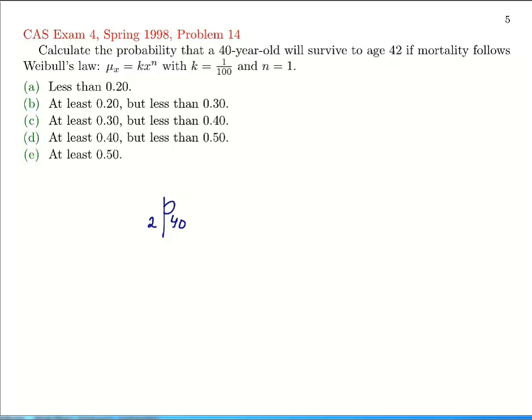And since I'm given the force of mortality, I know that I should do e to the minus integral of mu sub x from the current age to the age that we're surviving to.